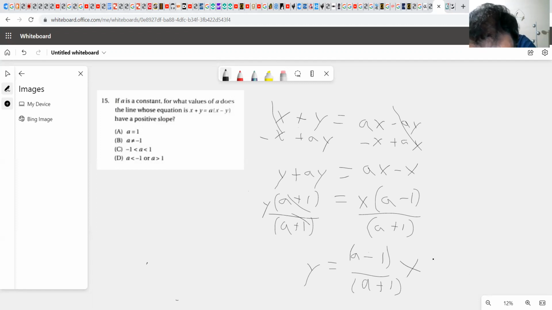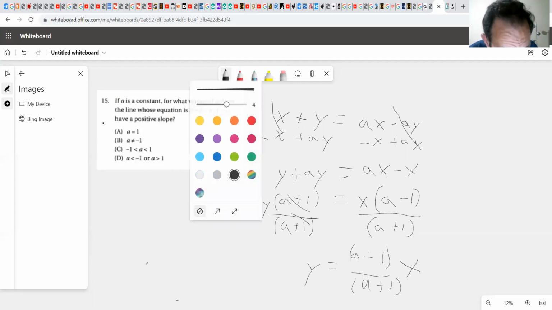So what I can do is look at the choices and see what would give me the answer I'm trying to get. I'm trying to get a positive slope. Right off the bat, if I plugged in a equals 1, that would be 1 minus 1, which is 0.